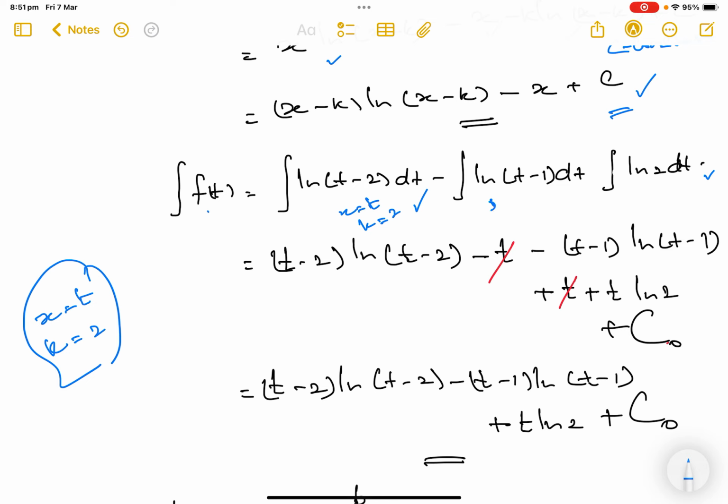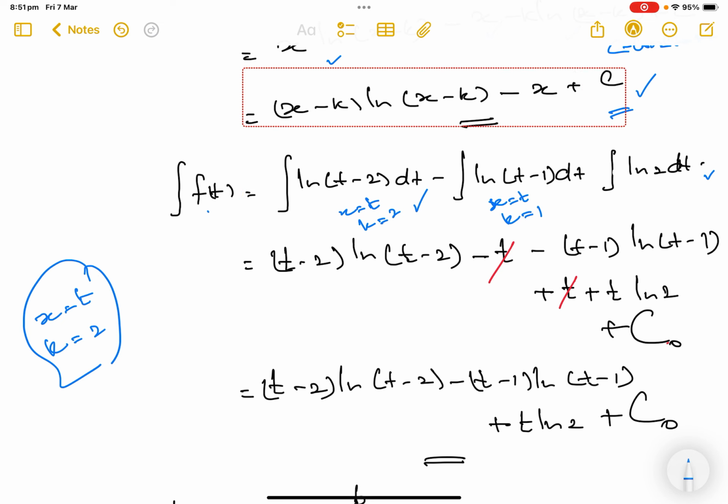And here, x equals t, k equals 1. For that, we have a minus there, so it's minus (t minus 1) ln(t minus 1), instead of t minus 2. Again, another minus t, that becomes plus t, minus minus plus t.